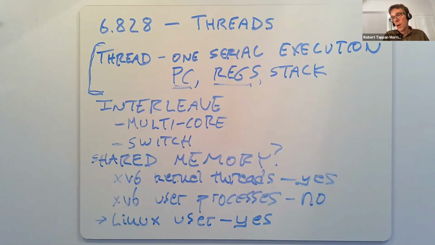It turns out, on the spectrum of different schemes for supporting multiple tasks on a computer, threads are not very efficient. There are other more efficient schemes, but threads are usually the most convenient, the most programmer-friendly way to support lots of different tasks.